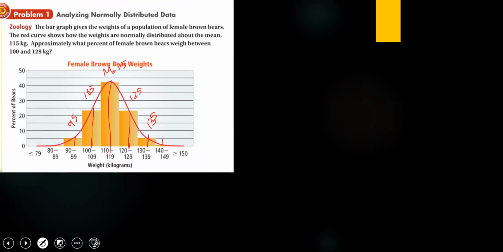Now the question here is, they give me the standard deviation, they give me the mean, or the mu. They told me now approximately what percent of female brown bears have weights that are within 1.5 standard deviations. Now, the mean, the mu here is 115 and sigma is 10.